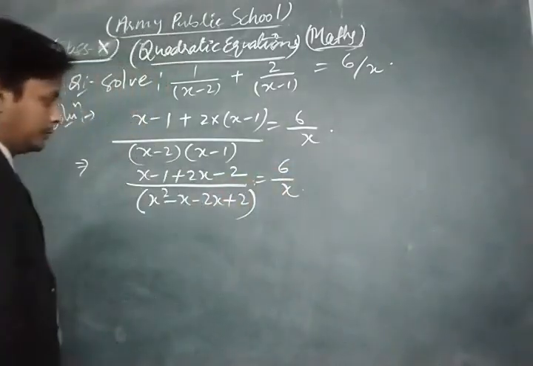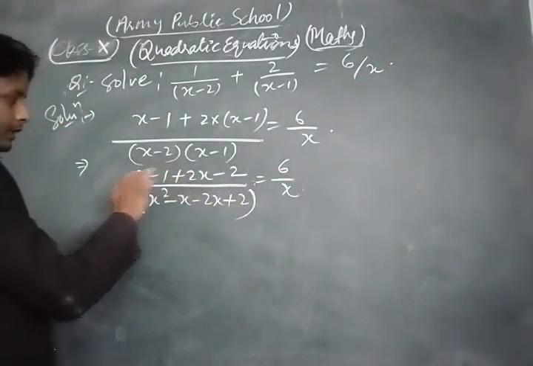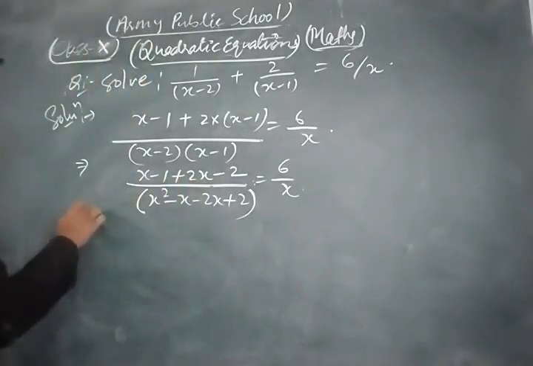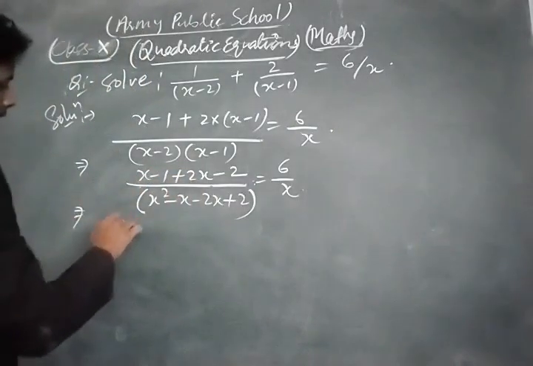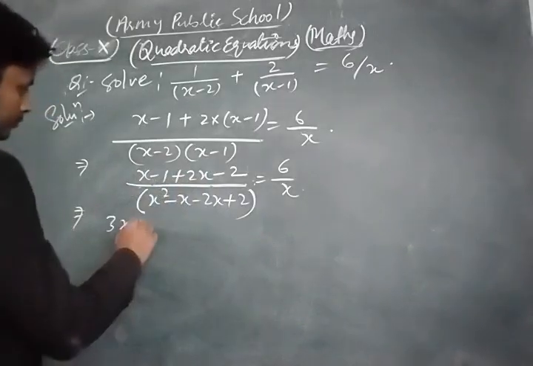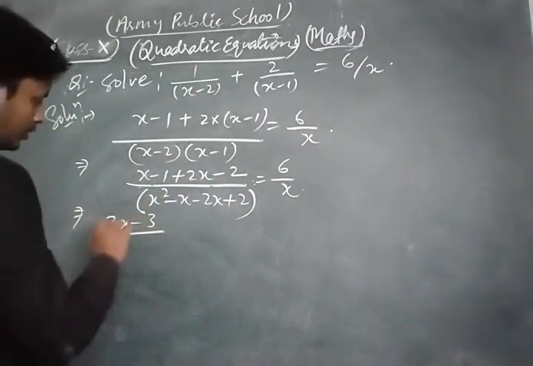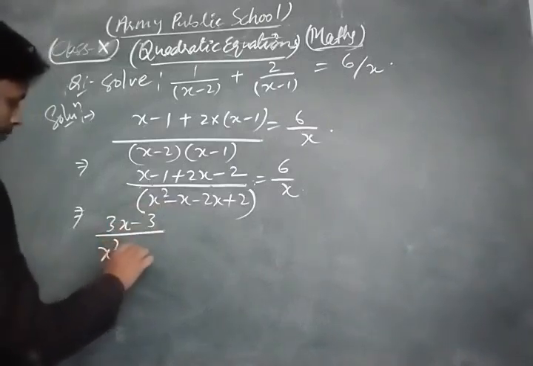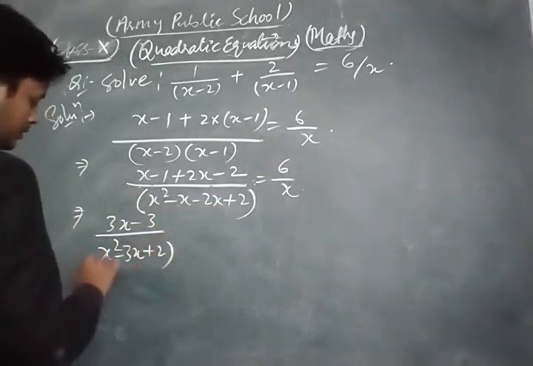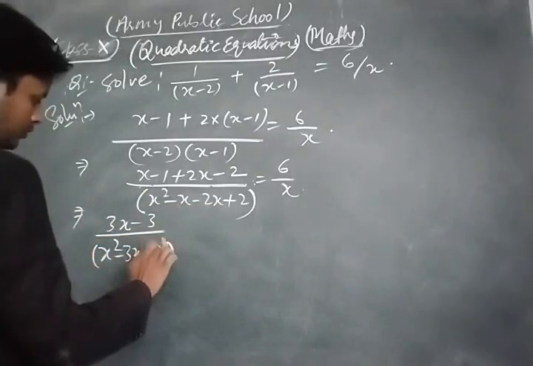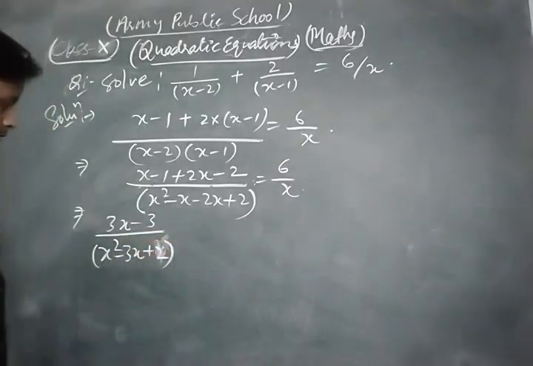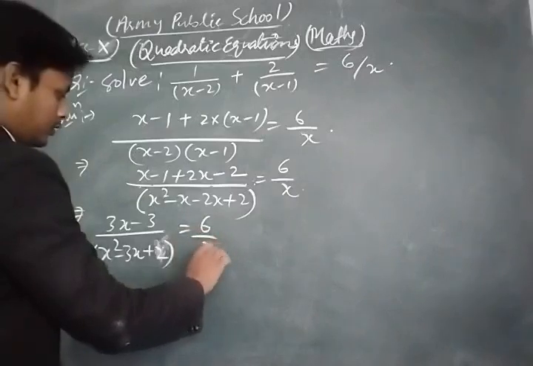Now look, 2x plus x, both are the like terms, so we add them, so we get 3x, and minus 2 minus 1, that is minus 3, upon x square minus 3x plus 2 is equal to 6 by x.